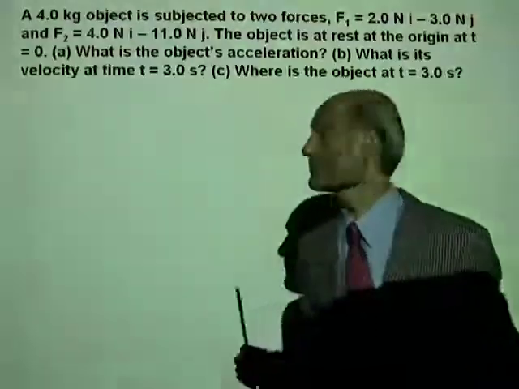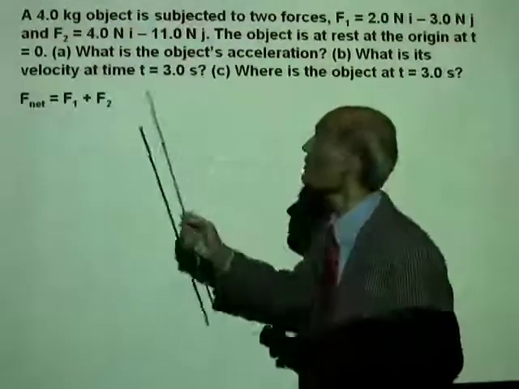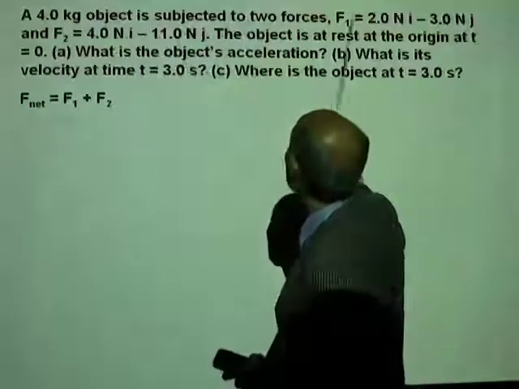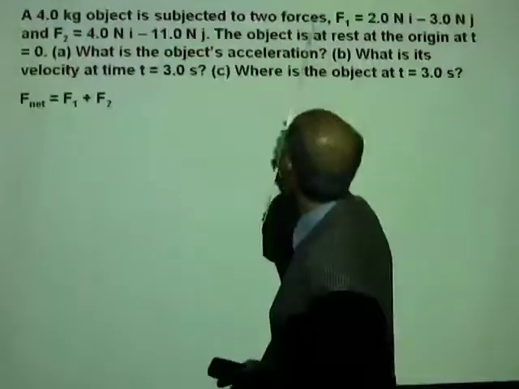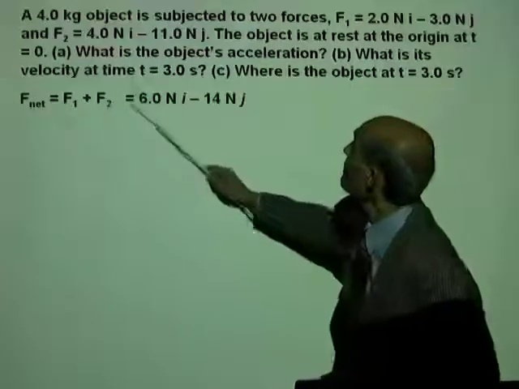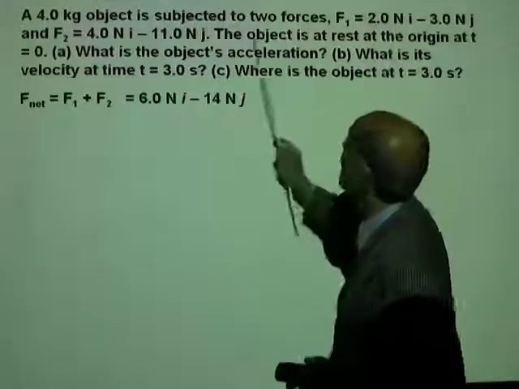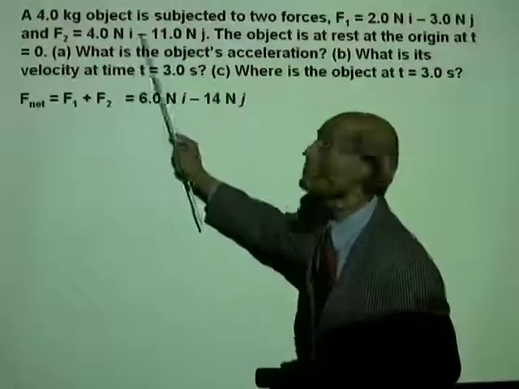Alright, let's get going. F net equals F1 plus F2, add the x components and add the y components. That will be F1 plus F2, the x components will be 2 Newton I plus 4 Newton I.